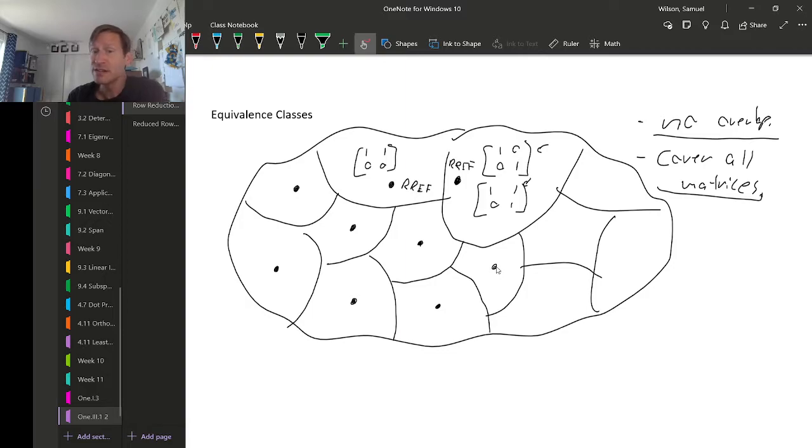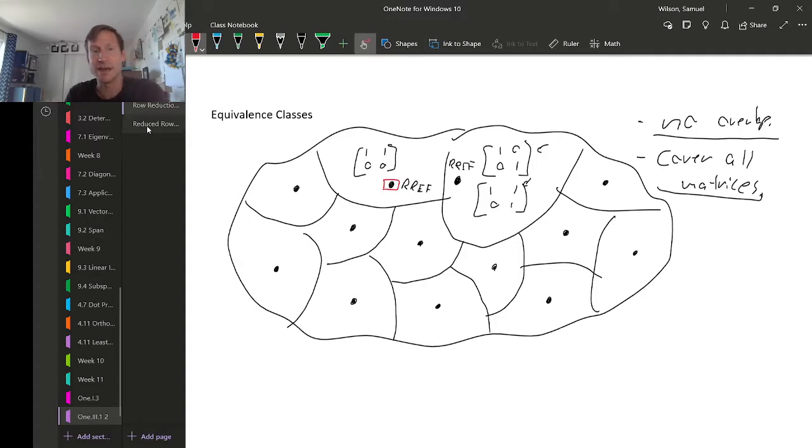And this is a really nice property because for many questions involving matrices, we can actually think about it one equivalence class at a time, and within a single equivalence class we can use the reduced row echelon form matrix in that equivalence class as a landmark or a reference point to help us think about the problem.